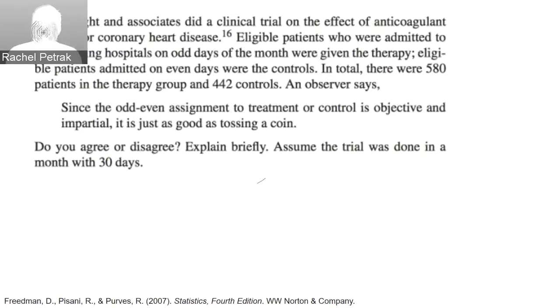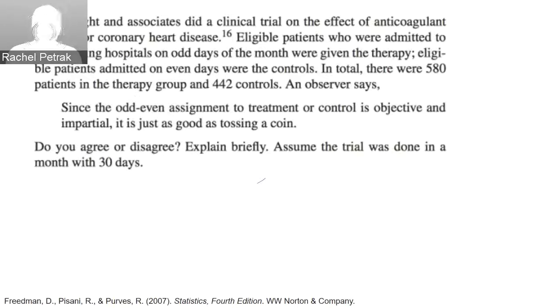Assuming they did it over 30 days. Well, we can test this. You don't have to just wing it. You should always test it if you can.